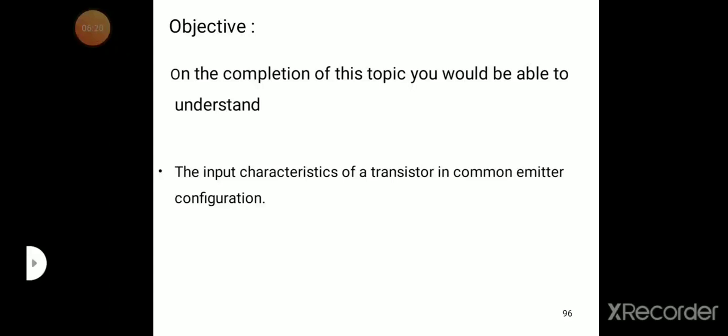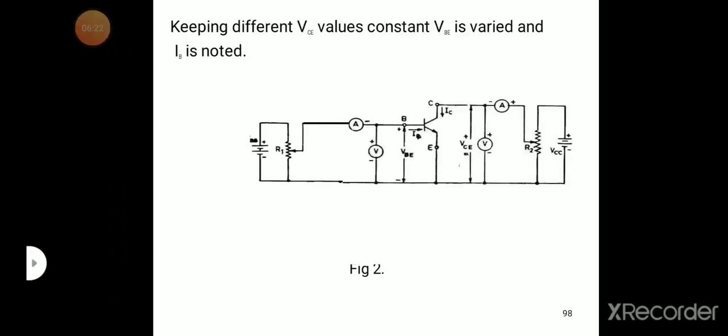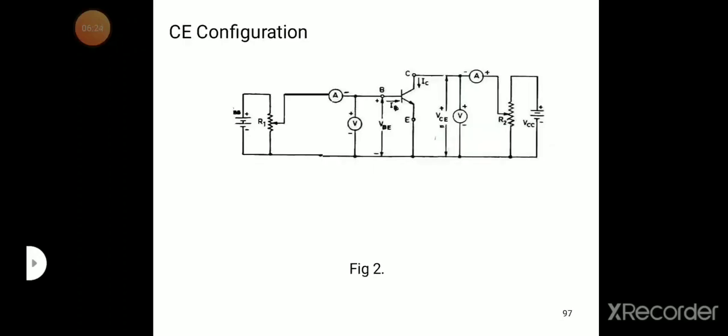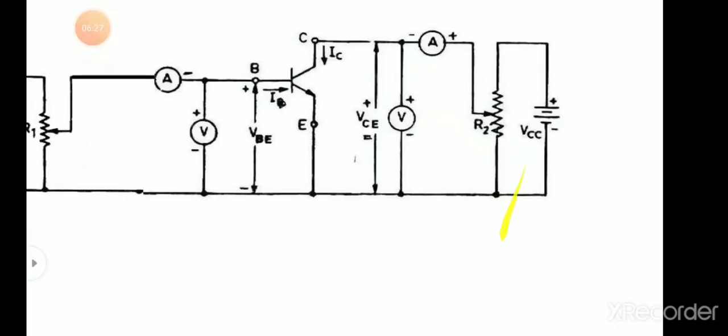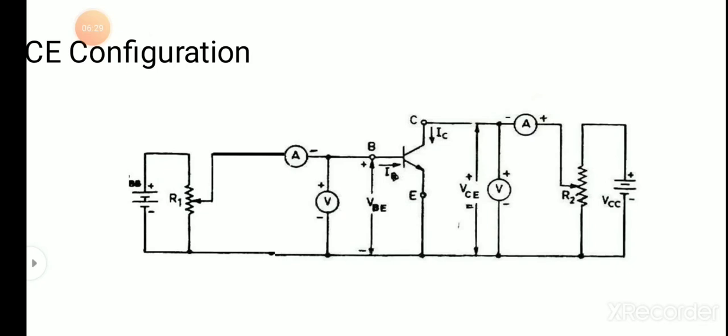Here you can see the common emitter configuration. The transistor is connected like this. You already know that for measuring the input voltage and input current, we need one voltmeter and one ammeter. In the output, to measure the voltage and current, we need one voltmeter and one ammeter.